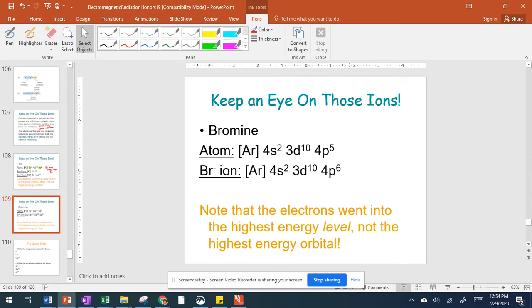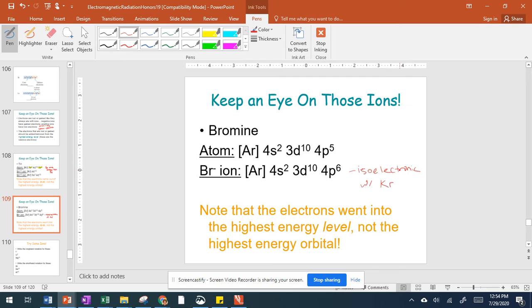What I want you to notice is that this is isoelectronic with krypton. So we will often see this when we form ions, they will become isoelectronic with a noble gas.